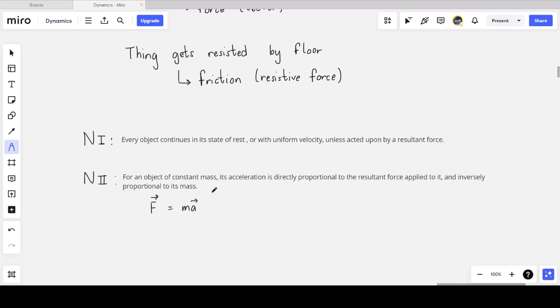Mass is just adding an extension to the size of the acceleration to give us the force. This means that the force and the acceleration must be in the same direction. Because there are two vectors in the same equation, we can't have one vector equal to a number times another vector if the two vectors are pointing in different directions. We don't really cover vectors that well in A-level physics, but you get the idea.